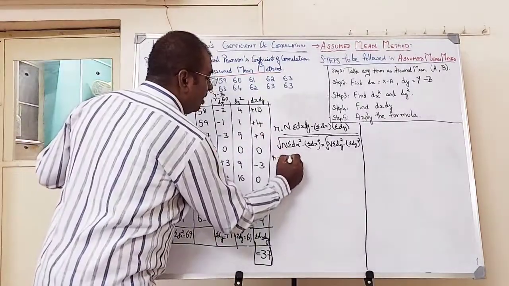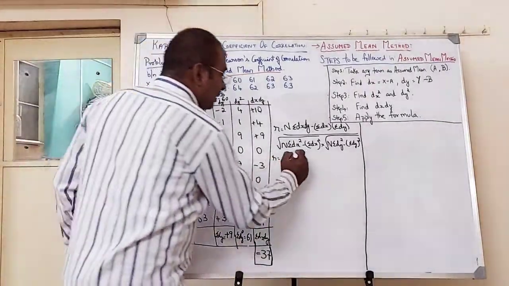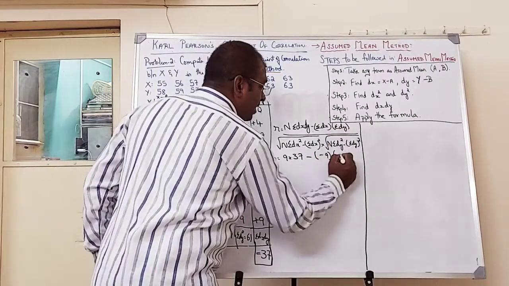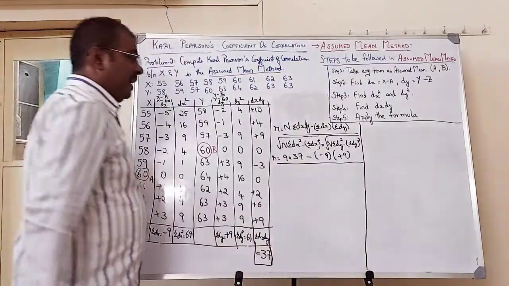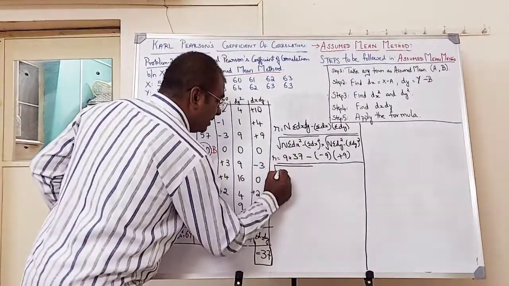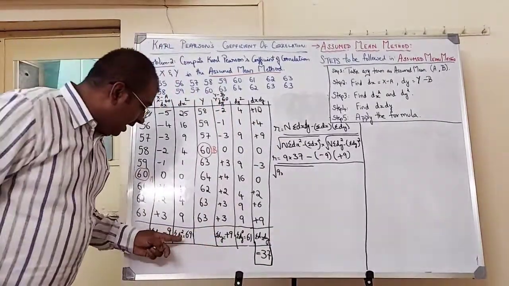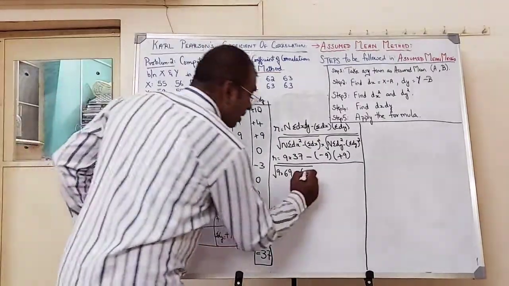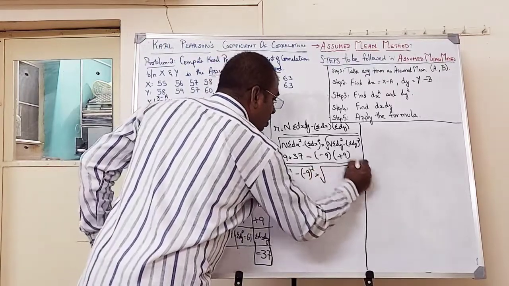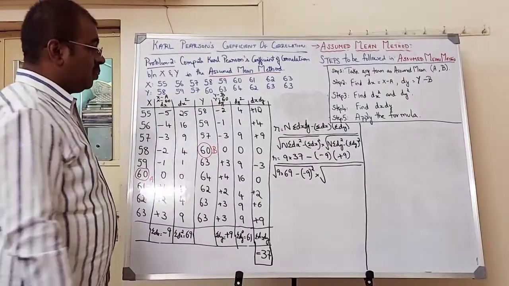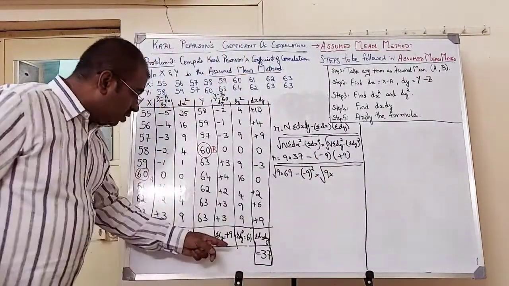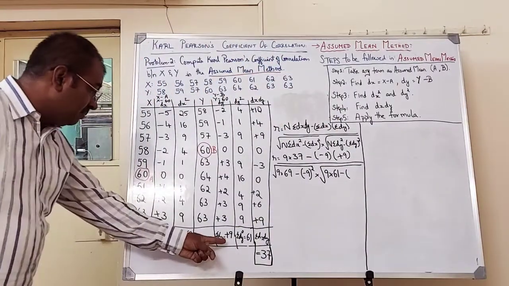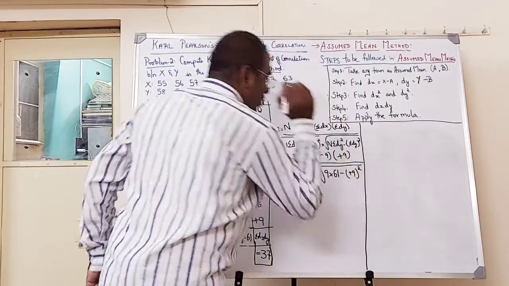So the value of n is 9, into sigma dx dy, which is 37, minus the value of sigma dx, which is minus 9, and the value of sigma dy, which is plus 9, divided by square root of n, which is 9, into sigma dx square, which is 69, minus sigma dx, minus 9, the whole square, into square root of n, 9, into sigma dy square, which is 61, minus sigma dy, plus 9, the whole square.